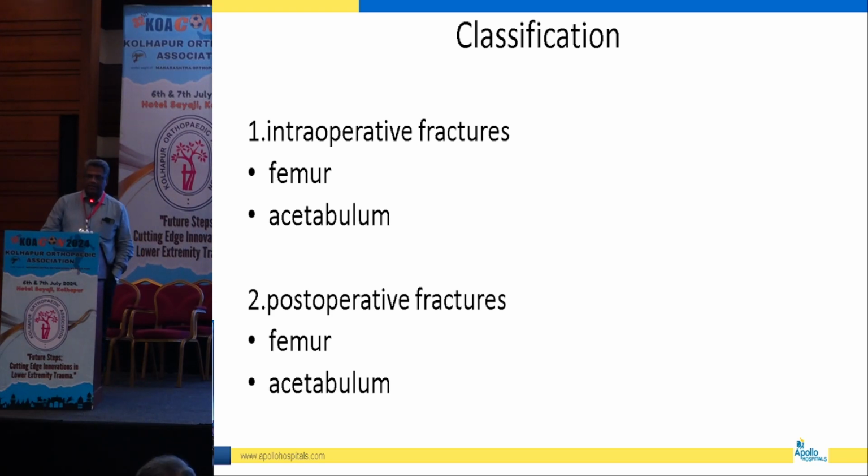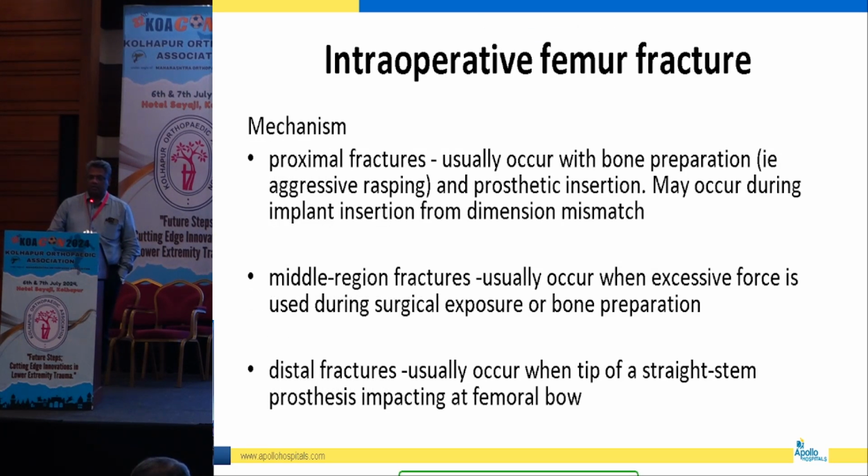For intraoperative fractures, the mechanism is described by dividing them into proximal, middle and distal fractures. Proximal fractures usually occur with bone preparation, especially when these bones are osteoporotic, with aggressive rasping and the way we insert or hammer the prosthesis after broaching, which may cause implant insertion dimensional mismatch.